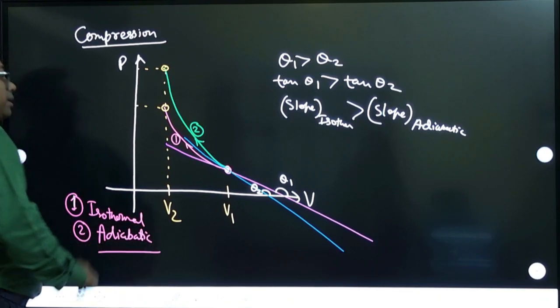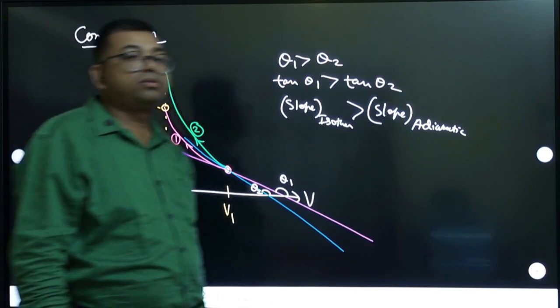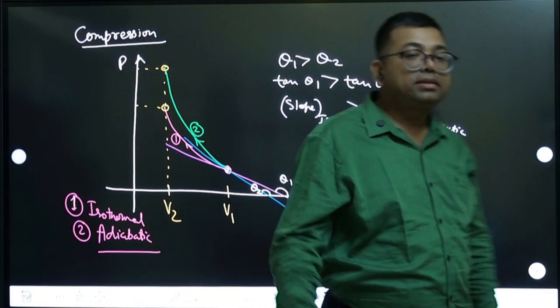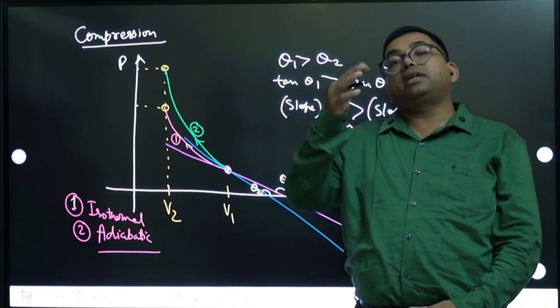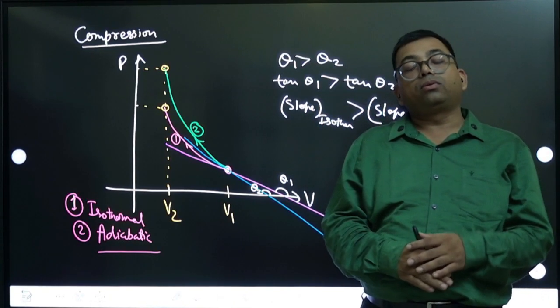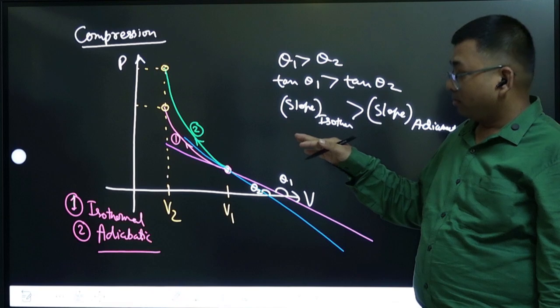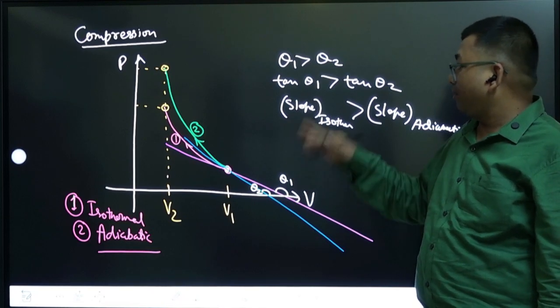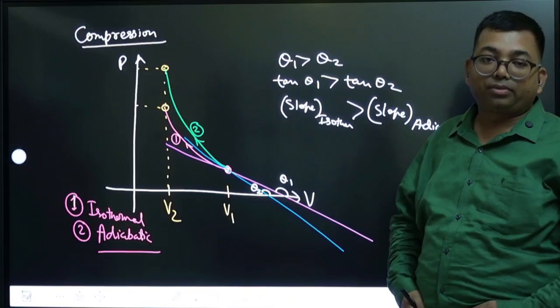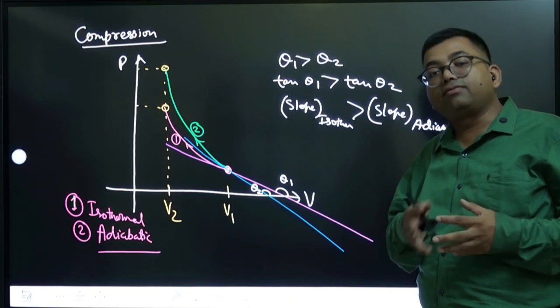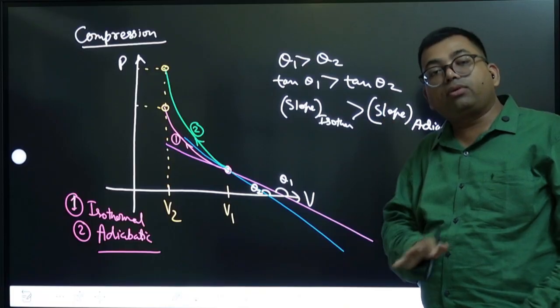This is a very important application of this law. While you are considering expansion, isothermal is above and adiabatic is below. But while you are considering compression, adiabatic is above, isothermal is below. That's why the calculation of work is different. Work means the area below the graph.